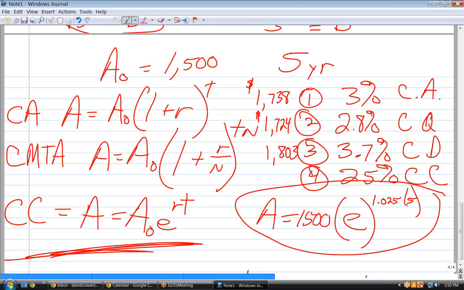I haven't done a continuous compound in a while, and this doesn't appear to be right. This number should... continuous compounding is not that much better than daily compounding. A lot better. Huh? It's almost a lot better. Well, it shouldn't be. That's what I'm saying, it shouldn't be that different.